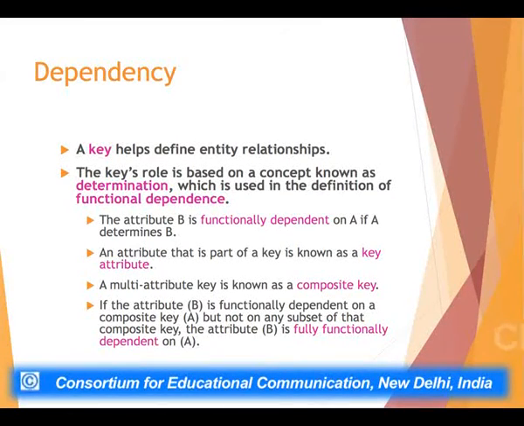So, what we are trying to say here is that if attribute B is a non-key attribute and it is functionally dependent on the primary key attribute, then given the value of the primary key attribute, you can determine the value of the non-key attribute. So, the primary key attribute basically determines the value of all non-key attributes.